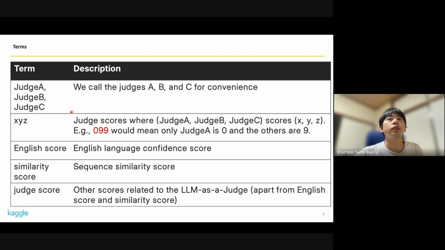We'll refer to the three judges as Judge A, Judge B, and Judge C. When the scores from Judges A, B, C are X, Y, and Z, we'll simply write them as X, Y, Z. For example, 099 would mean only Judge A is 0 and the others are 9. We also break down the evaluation metric into 3 parts: the English score, the similarity score, and the judge score.